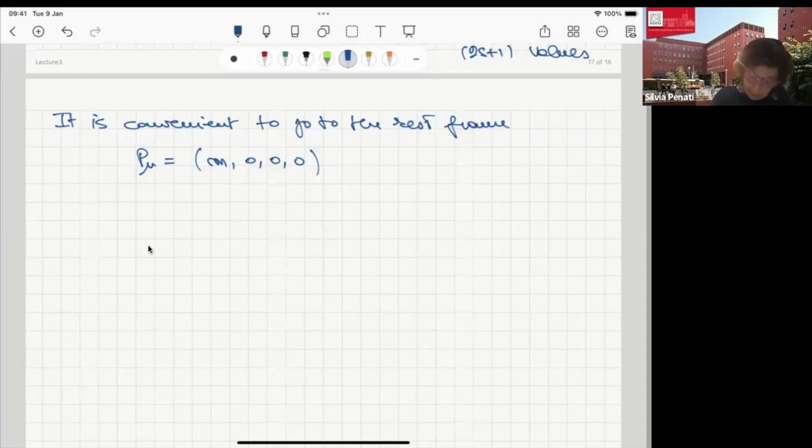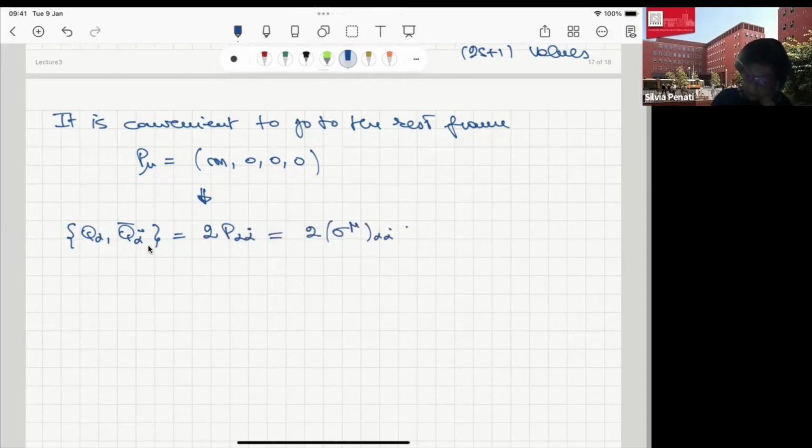Therefore, remember, if I take the supersymmetry algebra, {Q, Q̄} is twice P_{αα̇}, which is twice σ^μ_{αα̇} P_μ.